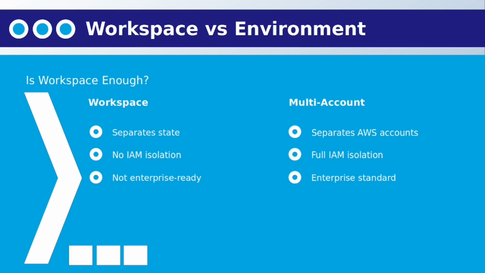Workspaces are good for simple scenarios, but they do not replace multi-account architecture. Multi-account architecture. Enterprise systems require account-level isolation. Security boundaries must exist at the AWS account level. That is why multi-account strategy is the standard.